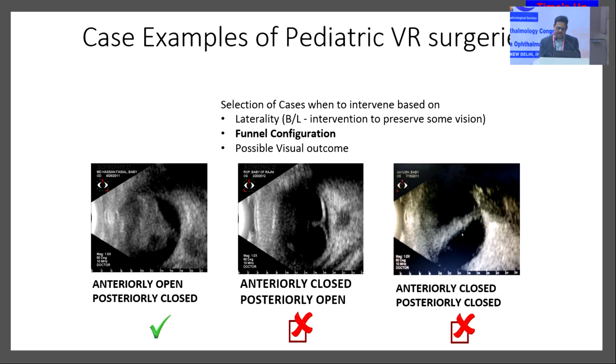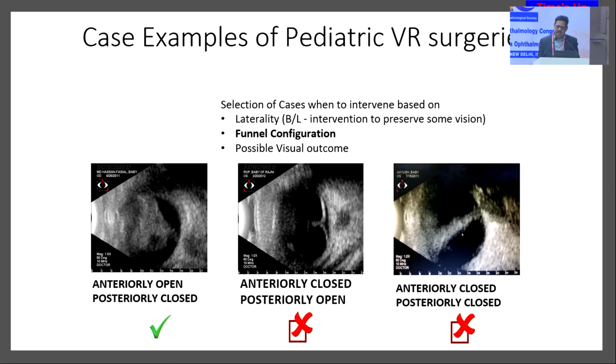And then this is for ROP. If you want to decide about surgery in the case of stage 5, these are the ultrasound pictures, and you can see if the funnel is anteriorly open and posteriorly closed, as is seen here in the first B-scan picture, then you can try your surgery.